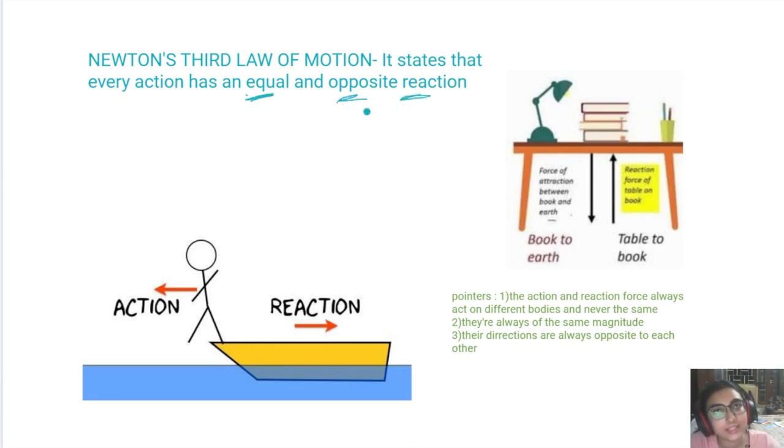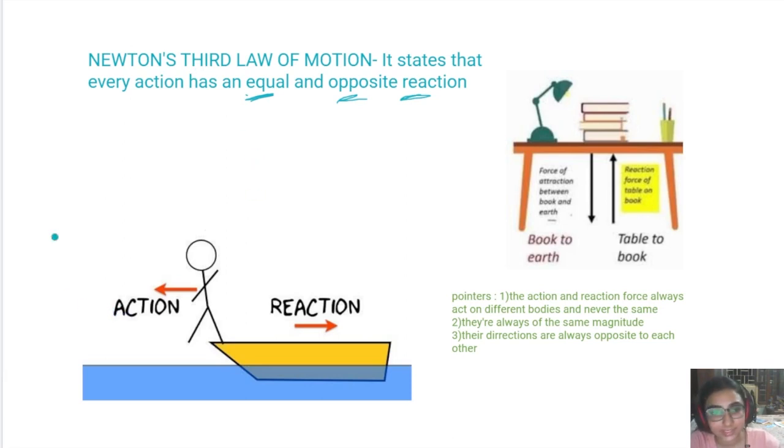Now, this is the basis of everything in this world, right? If this law did not exist, then there would have been no manufacturing of cars. People literally never would have found out how to walk, because walking also involves this law. So basically, this law guides everything that is happening in this universe.